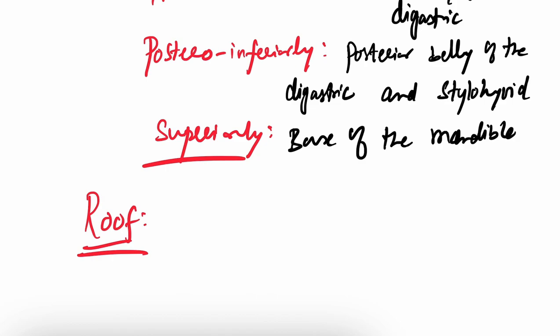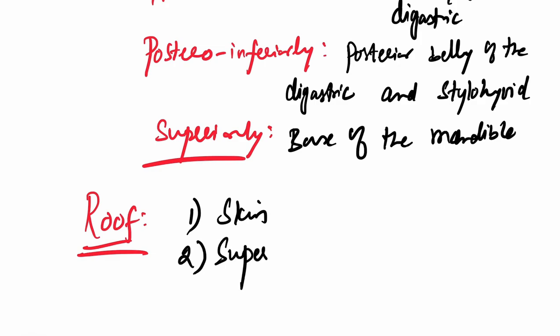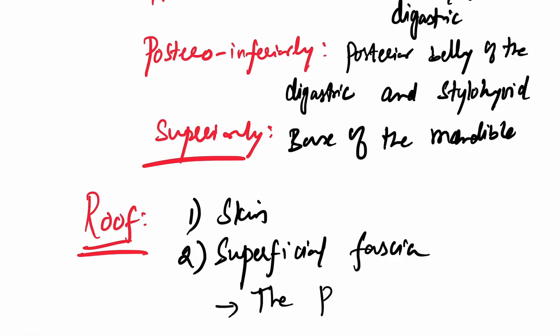Now let us discuss the structures forming the roof of this particular triangle. The roof of the triangle is formed by the skin. Below the skin there is the superficial fascia which contains the platysma muscle, a subcutaneous muscle.